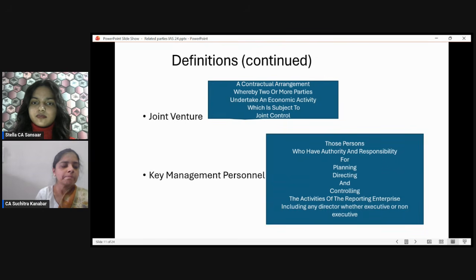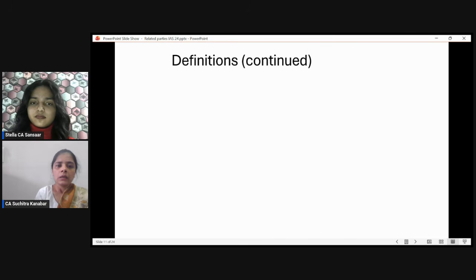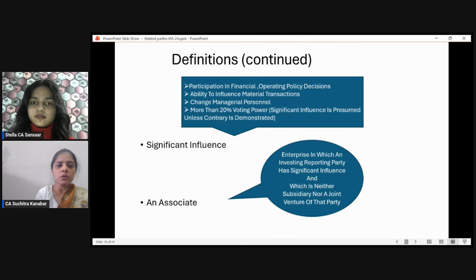In the same way, I would like to give you an example in respect of significant influence. Suppose there is a reporting entity, say SAN Limited, and it has 20% voting power in R Limited and 20% voting power in S Limited.